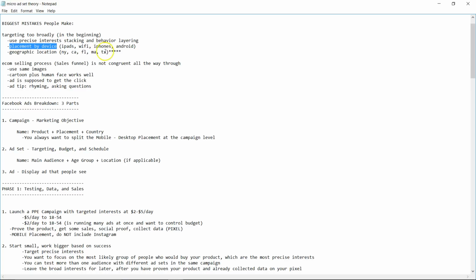These are some of the top selling states. So like with some of your e-commerce products, maybe you want to target the states that are more likely to buy in the beginning, or you want to split test states to see which ones do the best on some of your big campaigns.